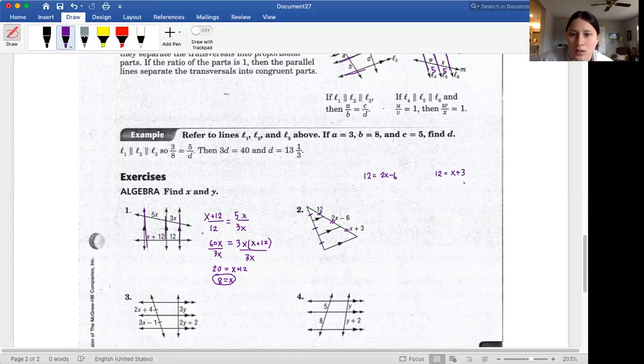And so solving, x should be the same thing on both answers. So x equals 9 here. If I double check, plus 6 on both sides, that'd be 18 equals 2x. X equals 9. Good. So that's my answer, x equals 9.